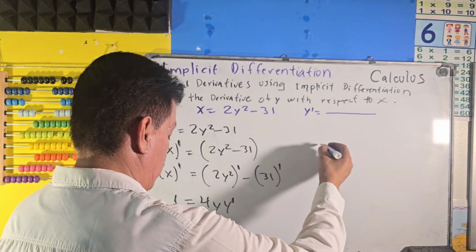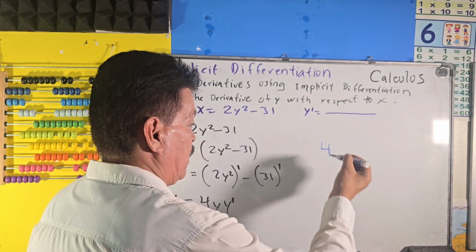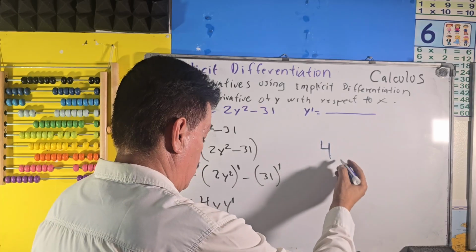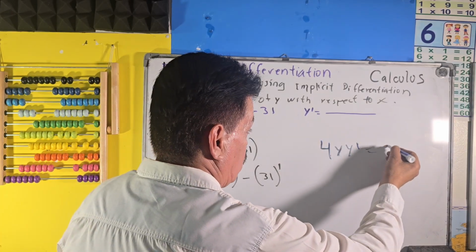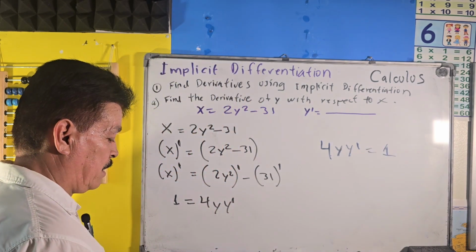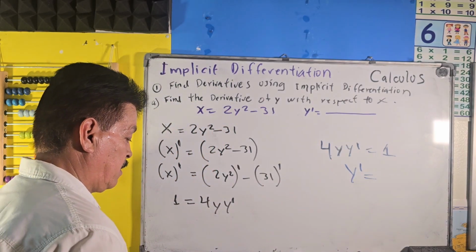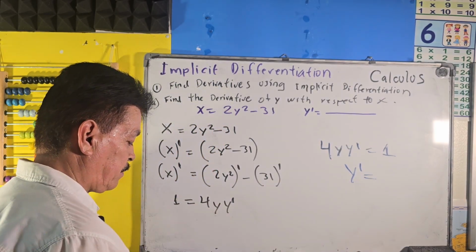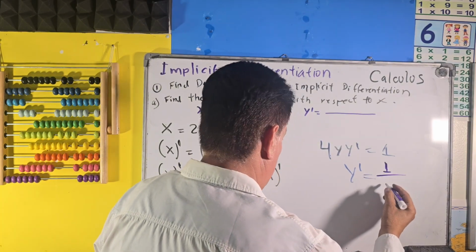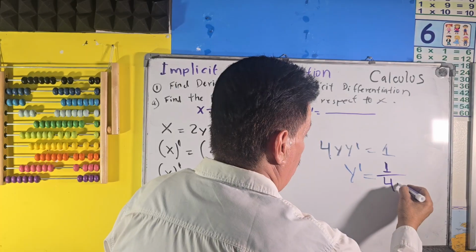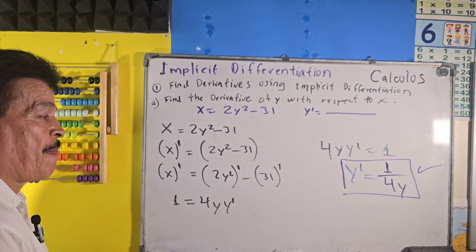We will have 4y y prime equals 1, right? So y prime equals 1 divided by 4y. So this is the answer, all right?